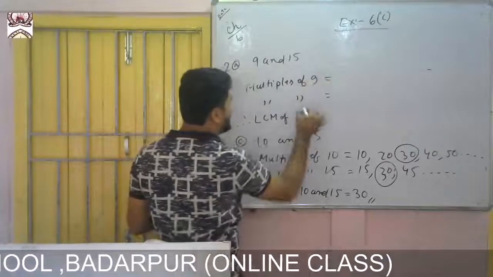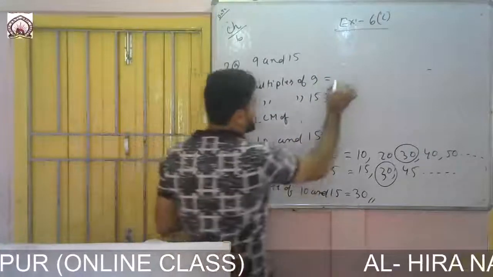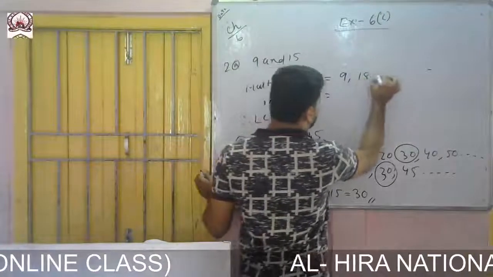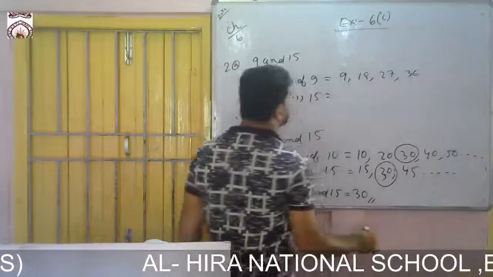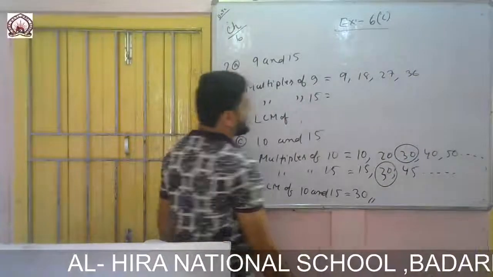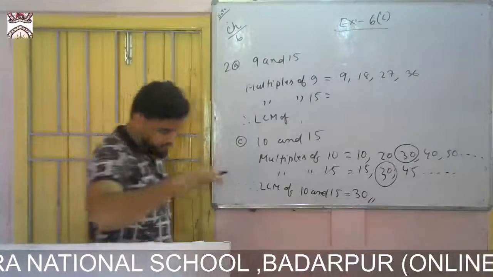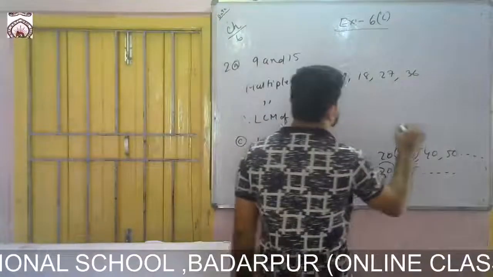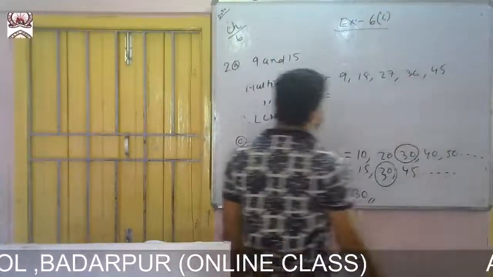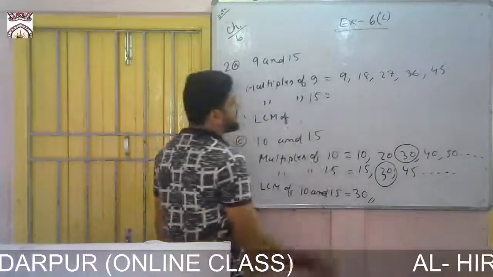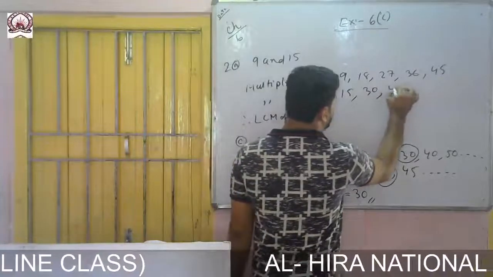So multiples of 9 and multiples of 15. 9 1 are 9. 15 1 are 15, 30, 45.